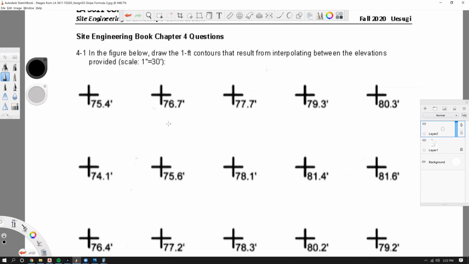All right. So we have 75.4 and we have 76.7. We're going to be looking for the nearest whole number between the two, which is 76, right?